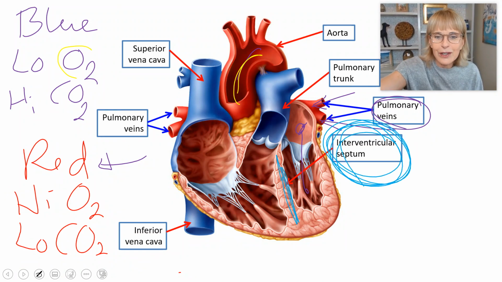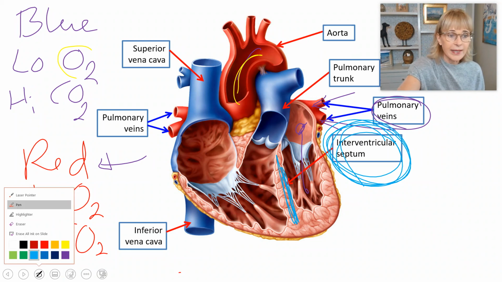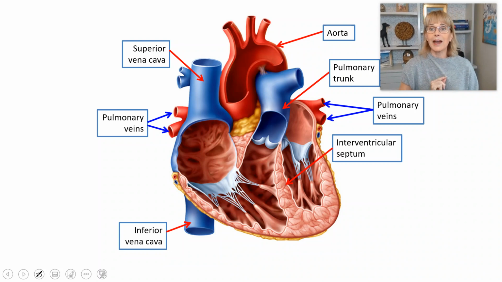This structure, it's made out of muscle, but it's a structure and it's called the interventricular septum. Great, because inter means between the ventricles, interventricular. And septum means a wall, like the septum in your nose is the wall between the two sides. The interventricular septum is made out of muscle, but it's a wall between the two ventricles.